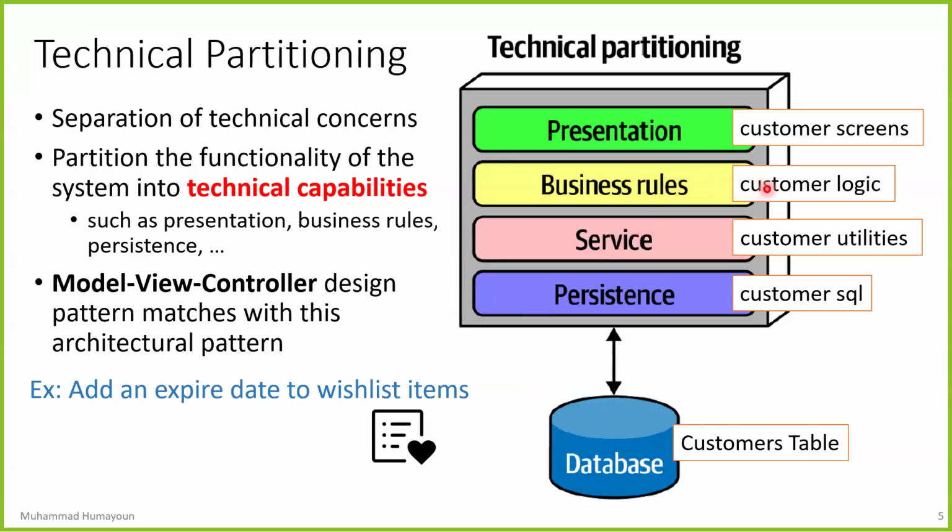Then in the business rules you will have some logic related to the customer class, and then within the service layer you will have utilities related to customer, and then in persistence you will have some SQL code that would update, delete, insert records in the customer table, and here you have this customer table. So in order to make a change, adding an expiry date to a wish list item, you have to make the change in this table.